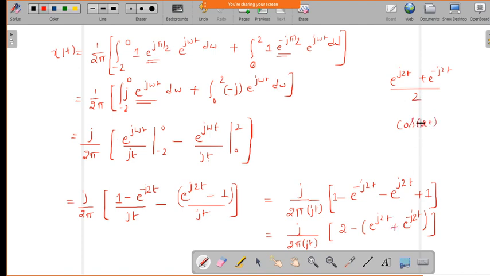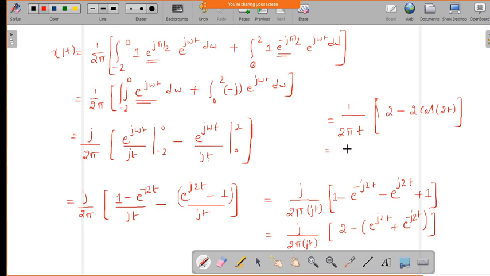Since 2 is not there, we can write it as 2 times cos 2t. So this j will cancel, and we will get 2 pi t, and you will get 2 minus 2 into cos of 2t. Now this 2 we can take outside, 2 by 2 pi t into 1 minus cos of 2t.